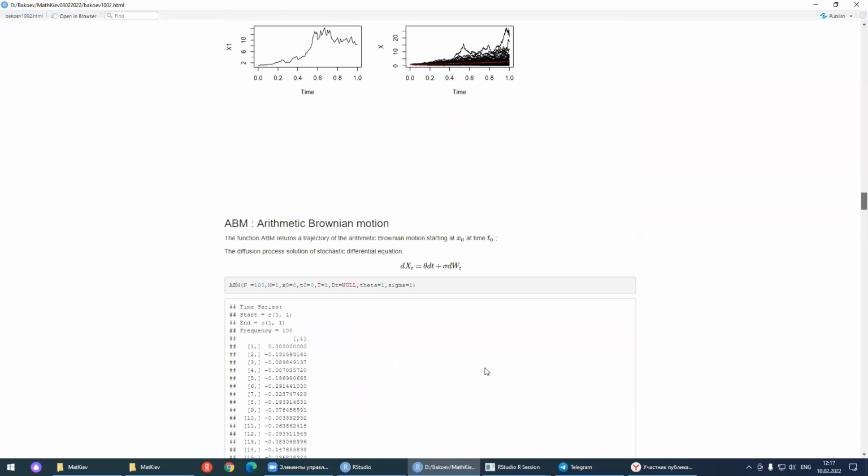The next one, arithmetic Brown motion. The function ABM returns the trajectory of arithmetic Brown motion starting at x0 at time t0, and the diffusion process is the solution of the next stochastic differential equation.